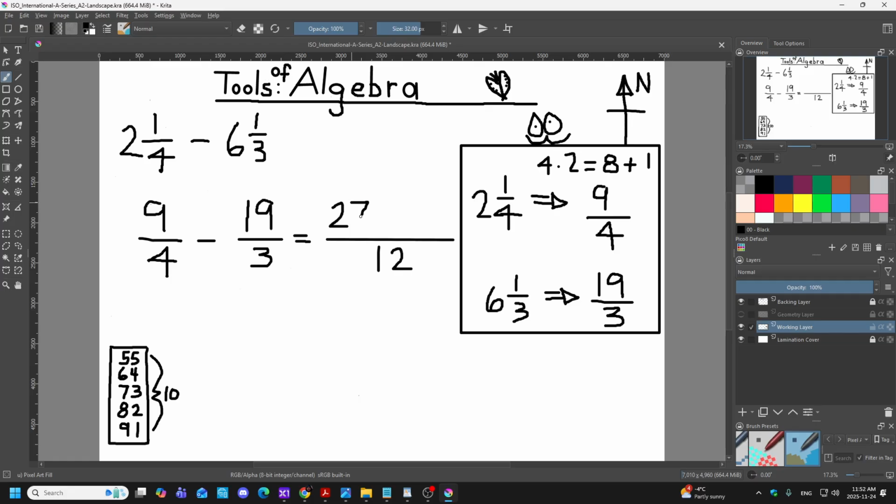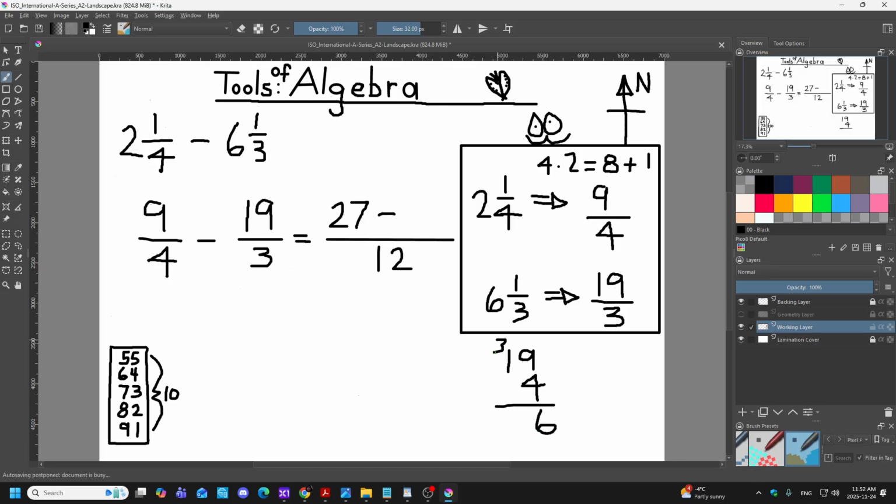What's our sign? It's a positive. Bring this over. Negative. 4 times 3 is 12. 19 times 4. Going to end up with kind of a big number here. 9 times 4, so 9 times 2 is 18. Double that is 36.